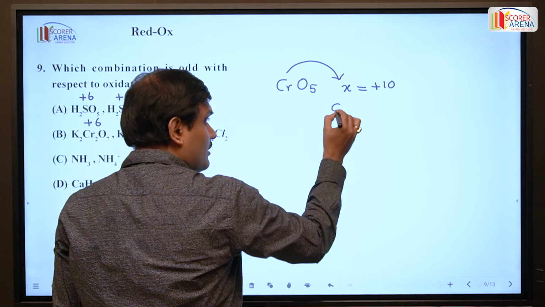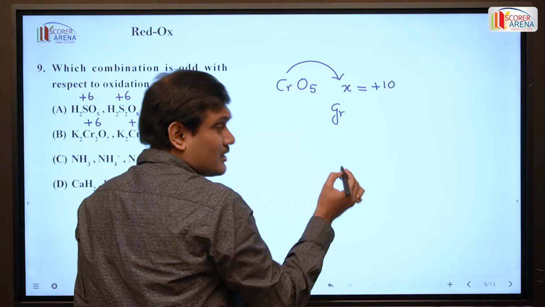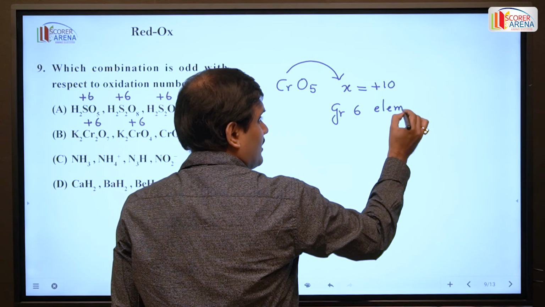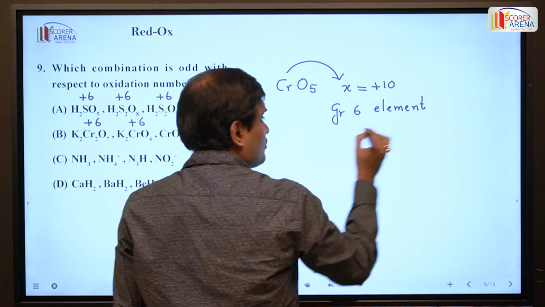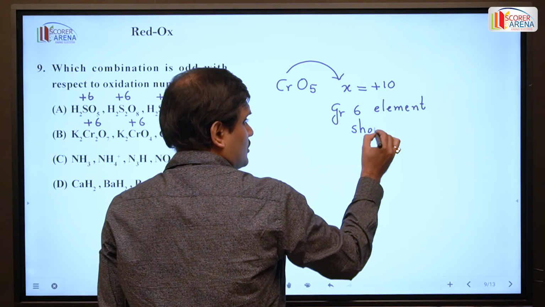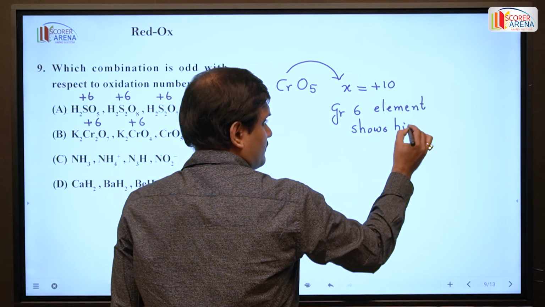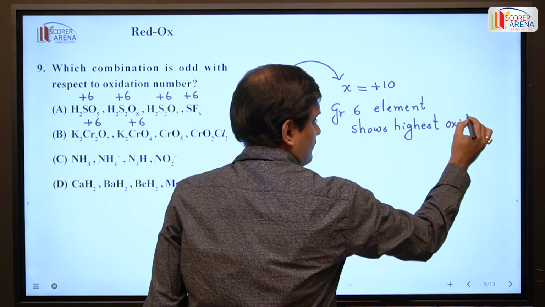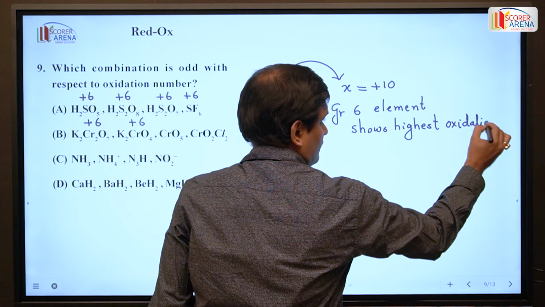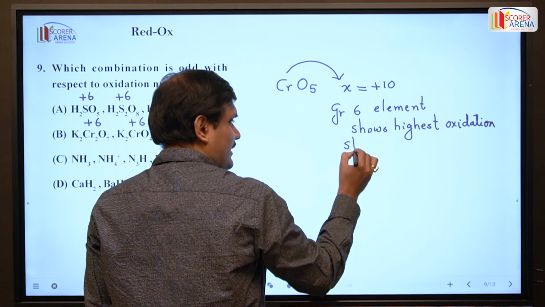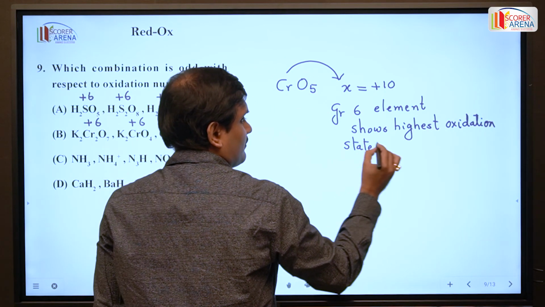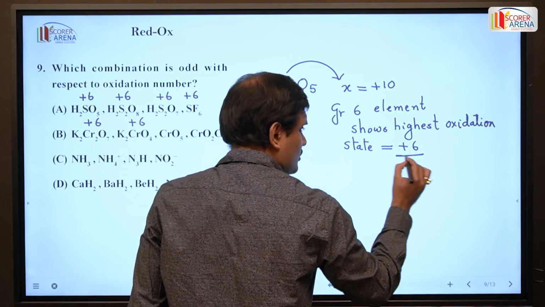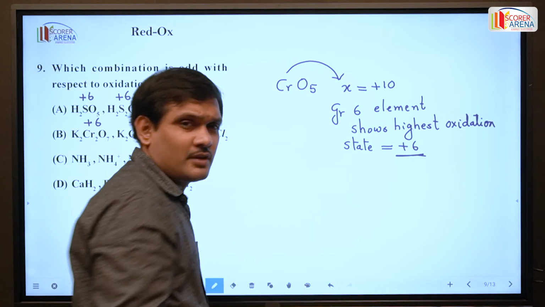Now chromium is a group 6 element. Chromium, being a group 6 element, shows the highest oxidation state of +6. So chromium also cannot show an oxidation state higher than +6.